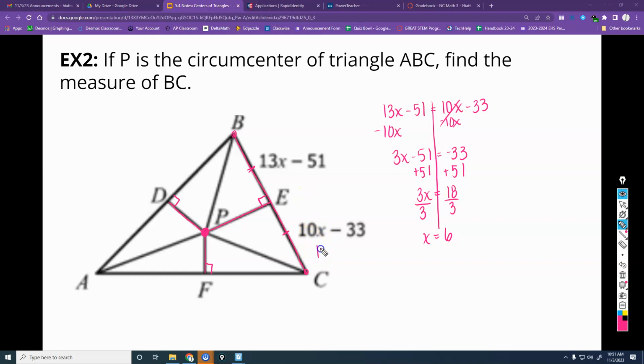I'm going to do this one, it looks easier. 10 times 6 minus 33, which is 60 minus 33, which is going to give us 27. So if this piece right here is 27, this piece is also 27. And 27 plus 27 is going to give us 54 for that.